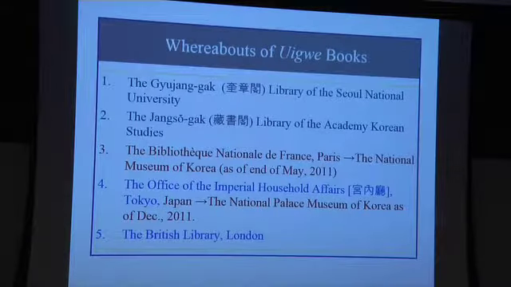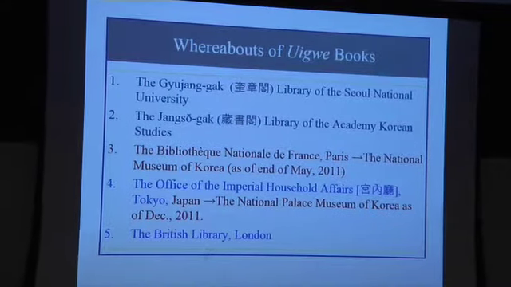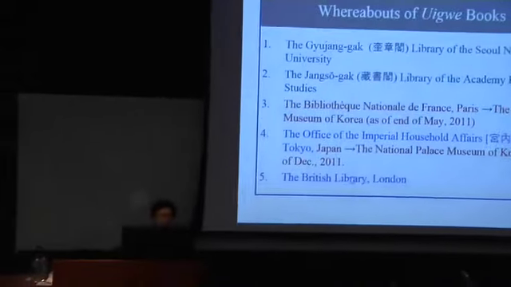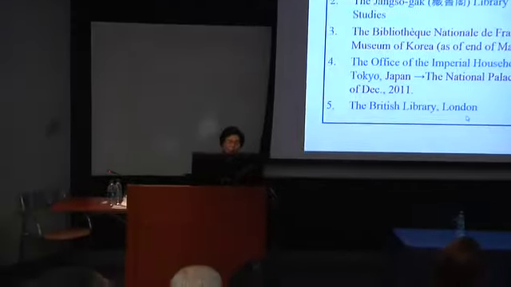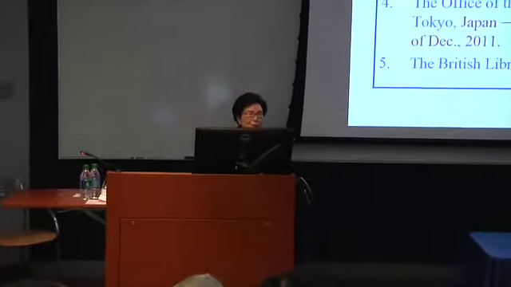This one is really a very excellent book in terms of illustrations, but it was sold. It was public property, but somehow it was sold to the British Library, and there's no way we can claim it unless we hope for their mercy.